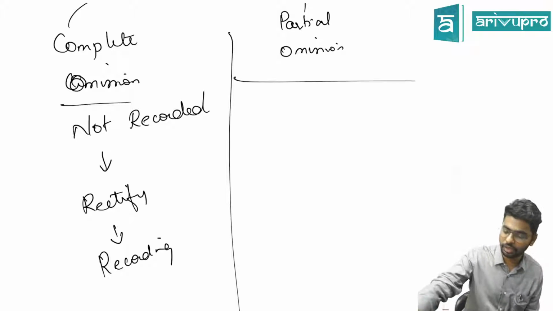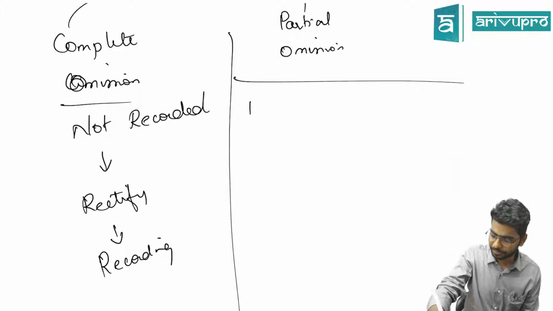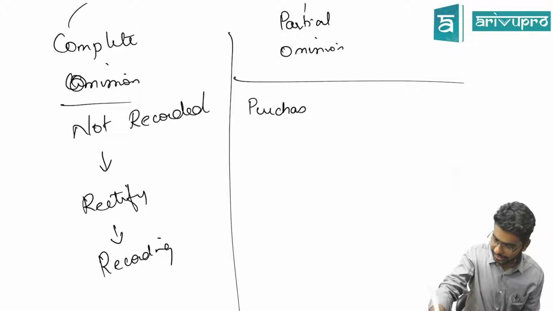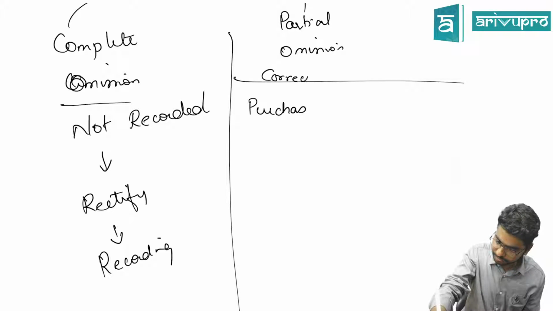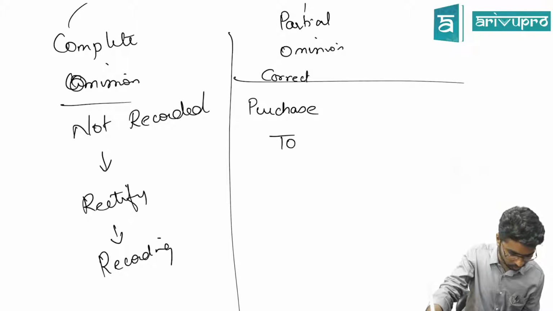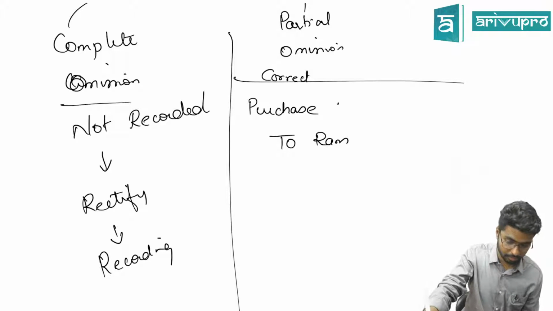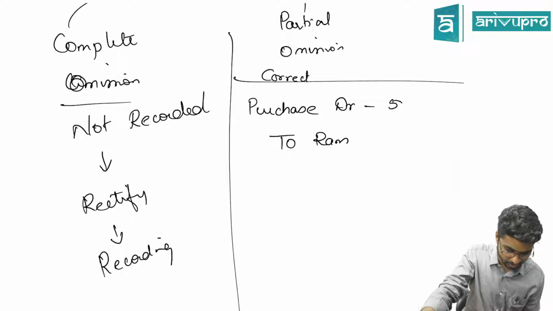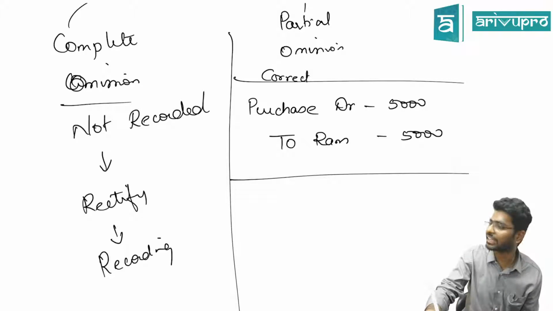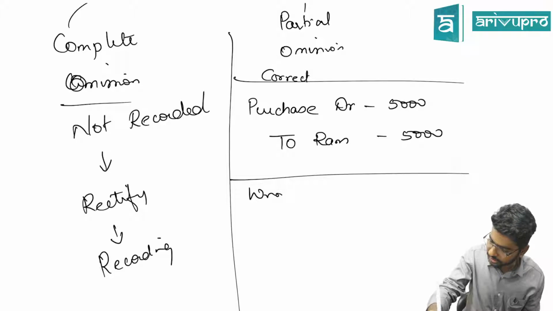Now see here, what was the correct entry? Correct entry was what? Purchase account debit 5,000, Ram account credit. This was my correct entry. What was my wrong entry?